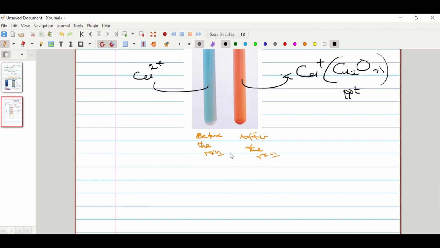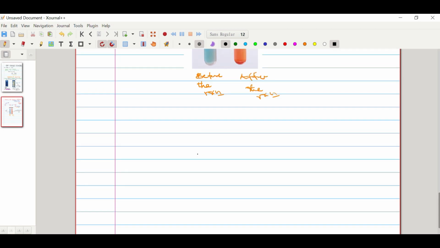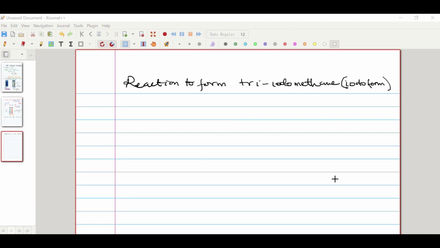So I can say positive to aldehyde, but negative to ketone. Okay. So this reaction is not about distinguishing between aldehyde and ketone.